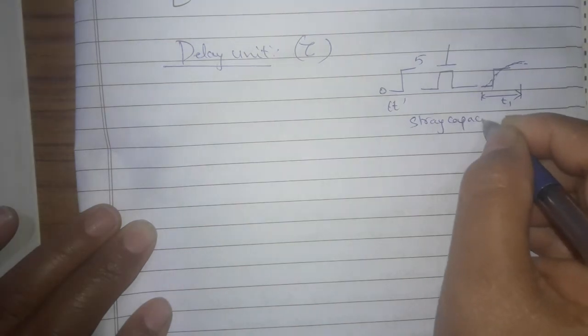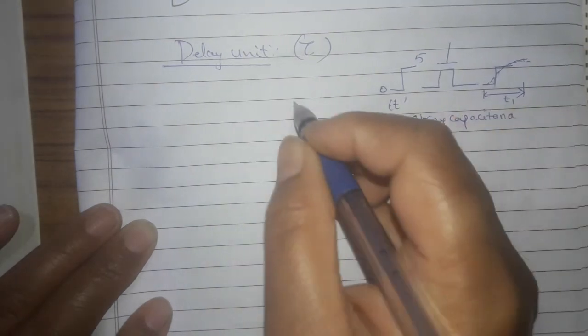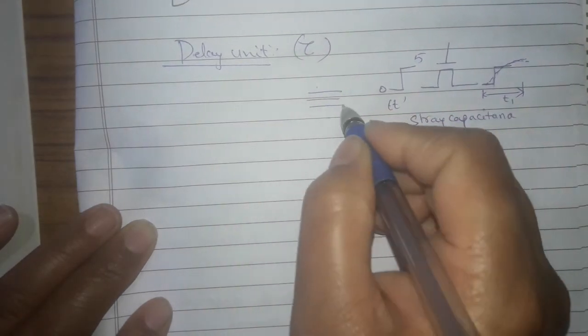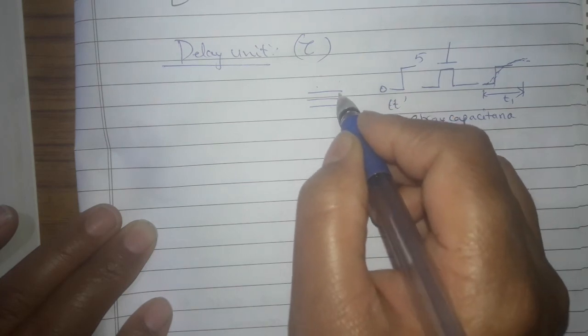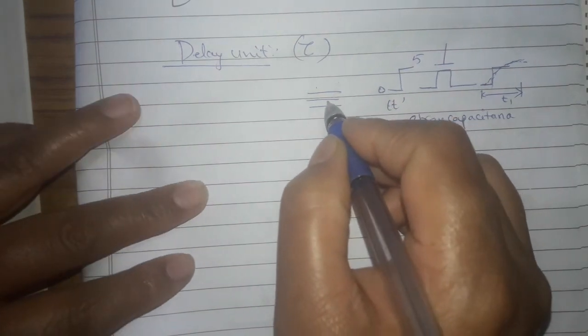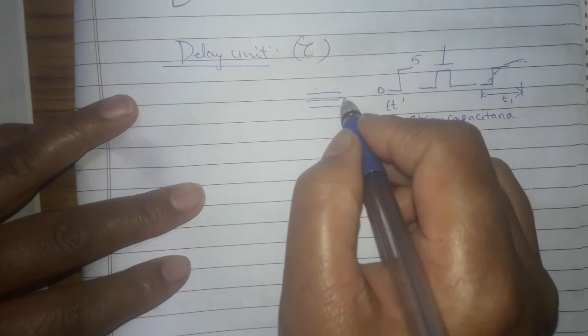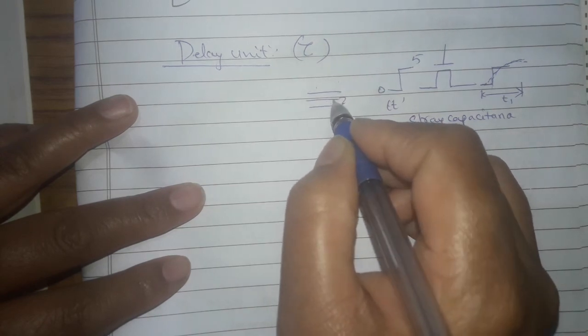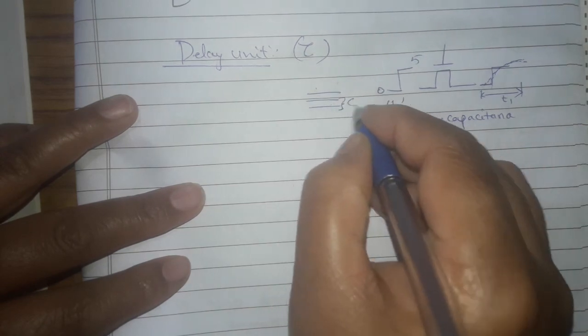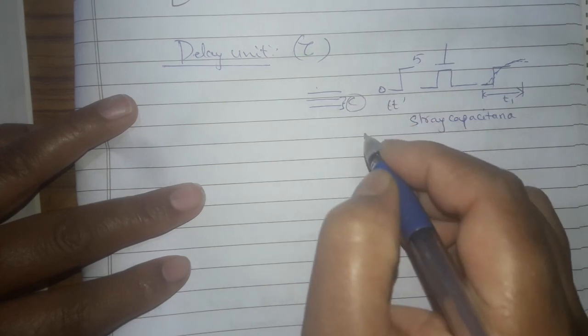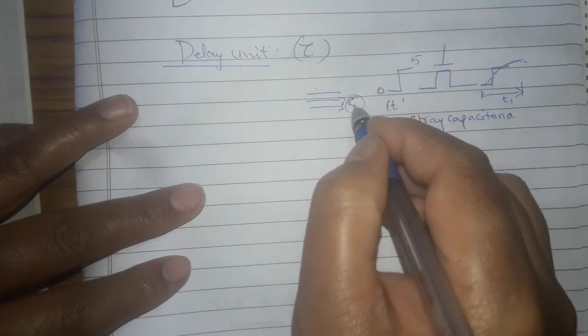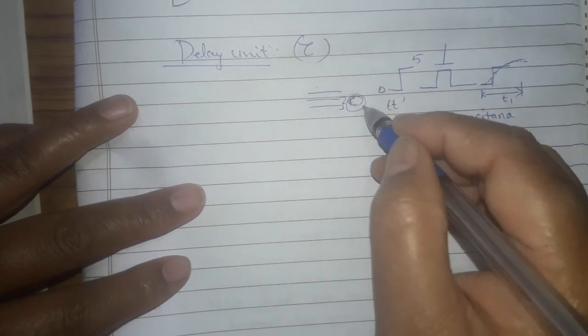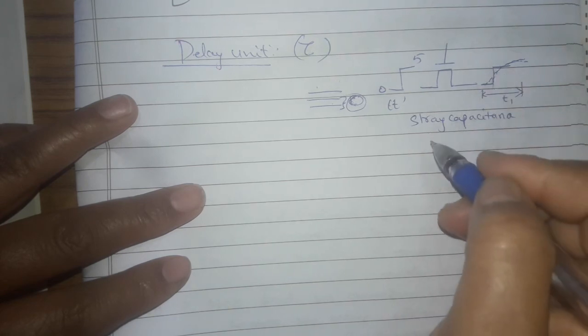As I told you, MOS is a stack-like structure. You have different conducting and insulating layers, with an insulator between them. Two conducting layers with an insulator in between behave like a capacitor. These are called stray capacitances. Depending on the size of the stray capacitances, the delay will be more or less.